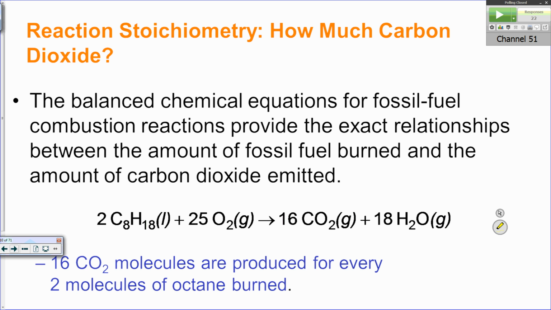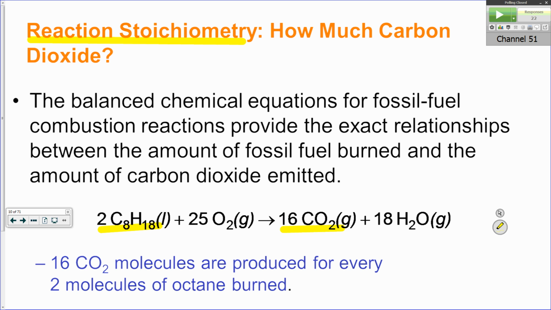So what we call reaction stoichiometry is the relationships between all the reactants and all the products in terms of the number of molecules, which we can translate into the number of moles that are consumed and produced in a chemical reaction. So if we look at the CO2 emission, I'm interested in the relationship between the CO2 that might go into the atmosphere and the octane that's going in.